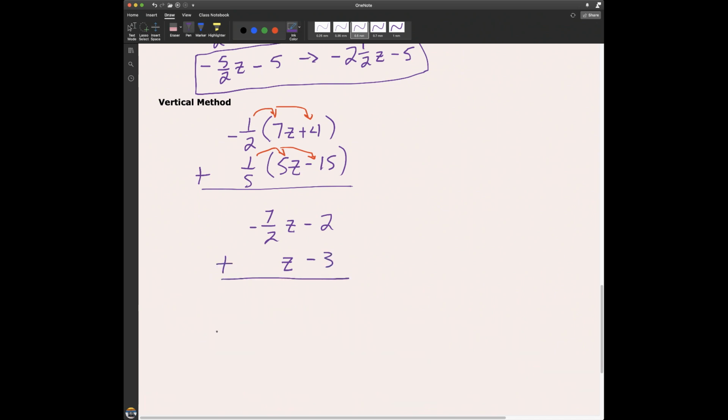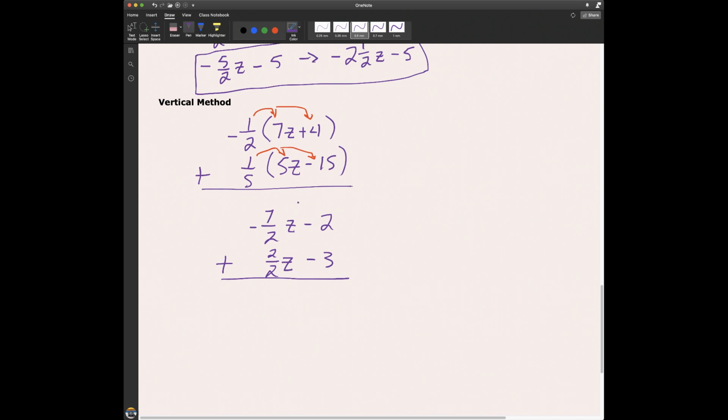The parentheses are gone. Again, remember, if there is no coefficient in front of the variable, I could always put a 1 there. And then I can always write 1 as a fraction to help me out. And that's what I'm going to do here. I'm going to write it as 2 over 2.